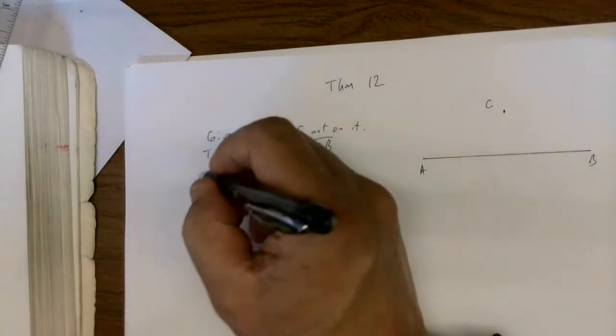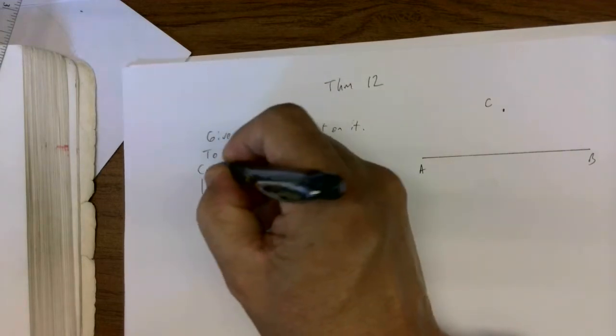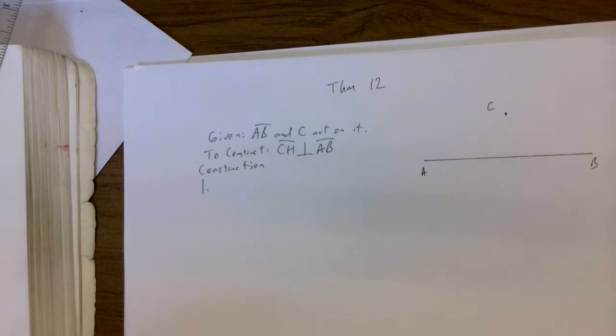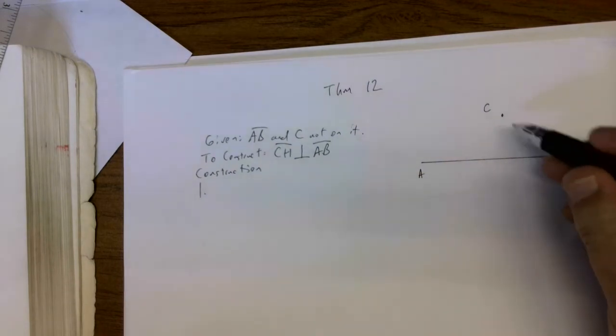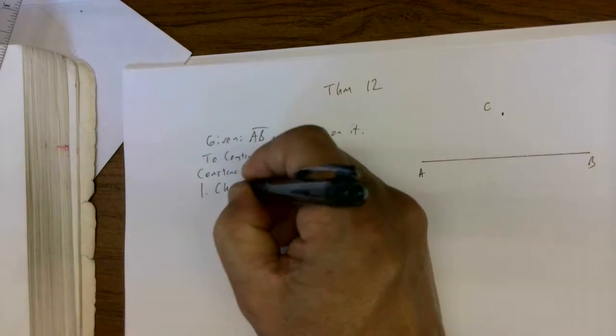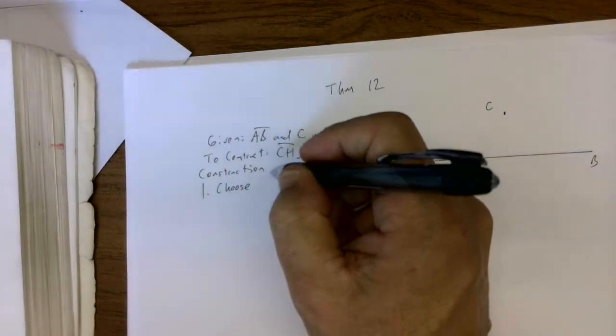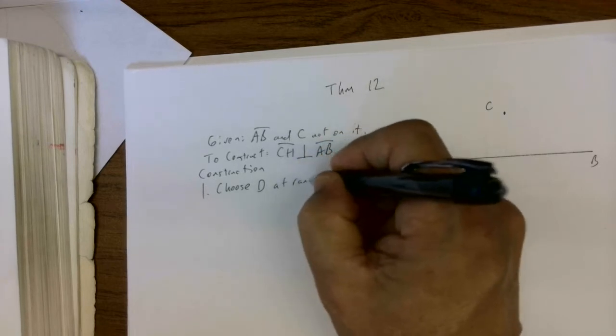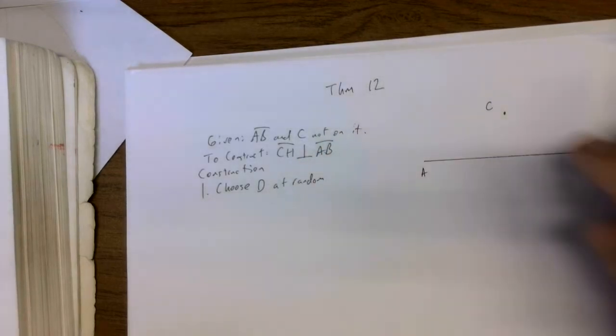So, step one of the construction is to choose a random point on the other side of AB. Choose, I'm going to call it D. Choose D at random, but it's not just anywhere at random.